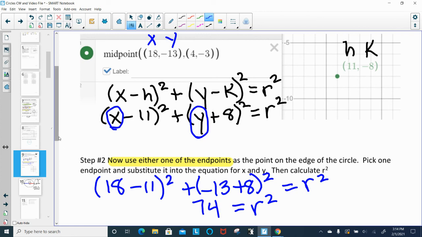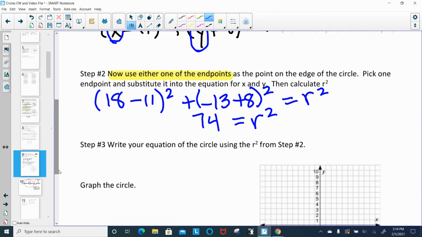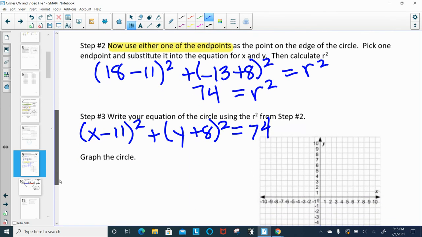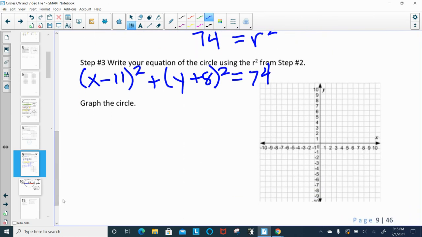Okay, not so bad. So now we can write x minus 11 squared plus y plus 8 squared equals 74. Now the problem, kind of a small problem that we're going to have graphing this, is that 74 is not a perfect square. So, you know, it's really easy to put 11, -8 on the graph, right over here, go over 11 and down 8.